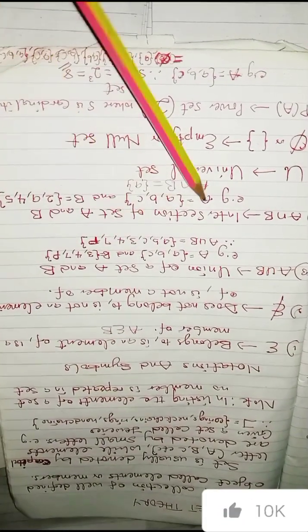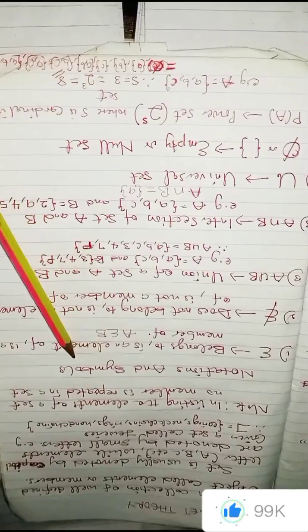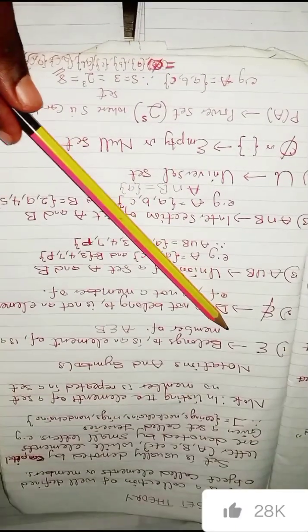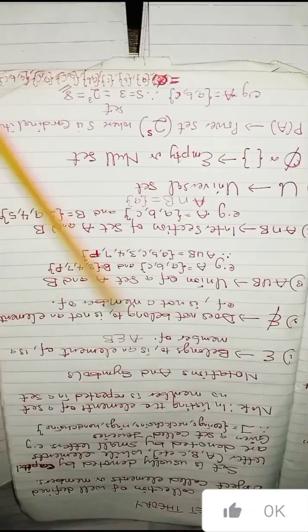Now we're going to be looking at set notations and symbols. The first symbol is "belongs to", meaning is an element of, is a member of.